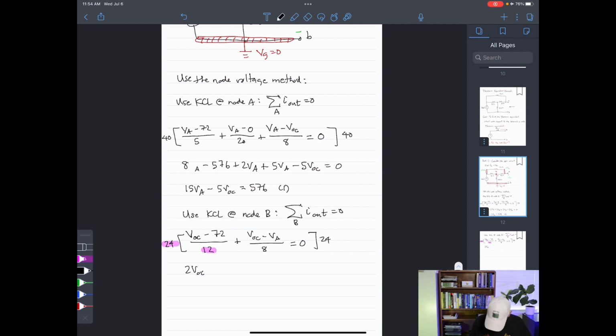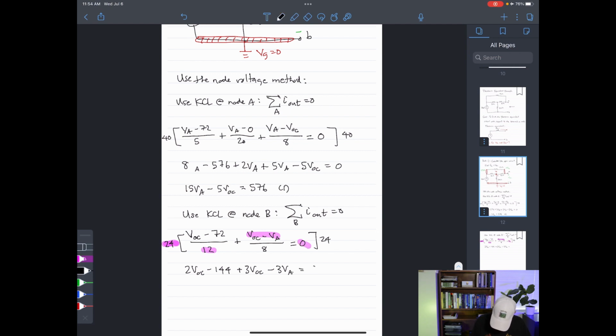Yeah, so 144 minus 144, and then I can distribute this to that. 24 divided by 8, that's 3. So I have plus 3 VOC minus 3 VA. And then lastly, I can distribute to the 0, in which case I get 0 here.